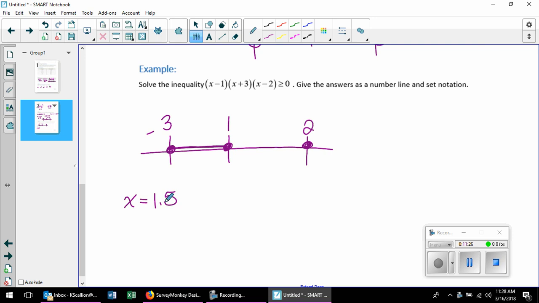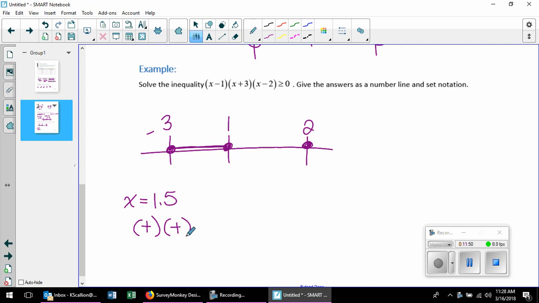So if I substitute a 1.5 in here, would this factor be positive or negative? Again, if I substitute in a positive 1.5 in here, positive. If I substitute in a 1.5 in here, positive.